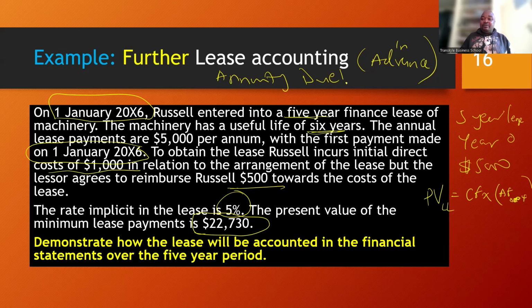So we come back here and say the cash flow is 5,000 multiplied by 1 plus the ordinary annuity factor. The ordinary annuity factor we are looking for is the annuity factor at 5%, 4 years.